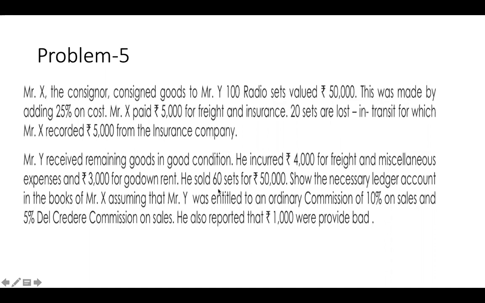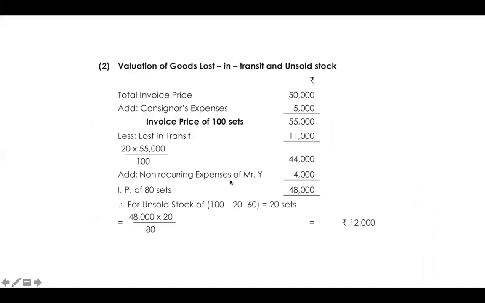Okay, 60 sets are sold. How many sets are transported? 100. How many sets are damaged? 20. 100 minus 20, 80. 80 minus 60 which are sold, 20. 20 are leftover radio sets.